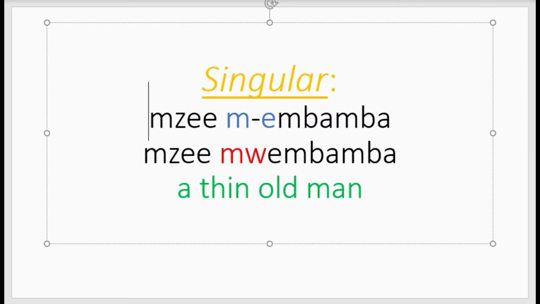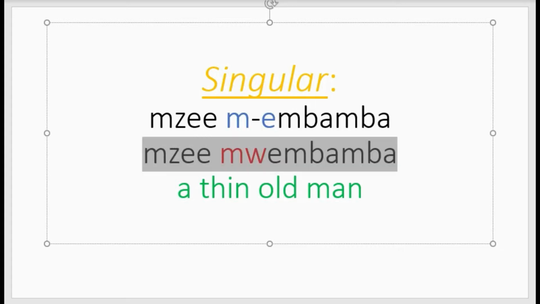This is the m-wa class, and there is a before the adjective. Now the correct sentence becomes mzee mwembamba.